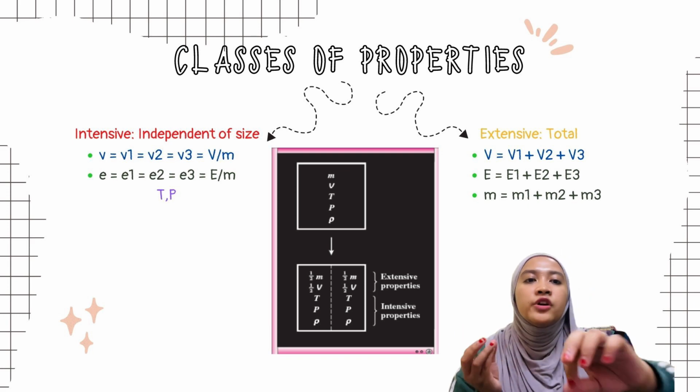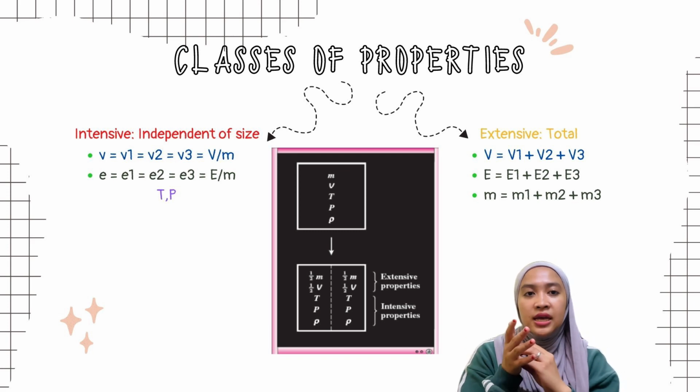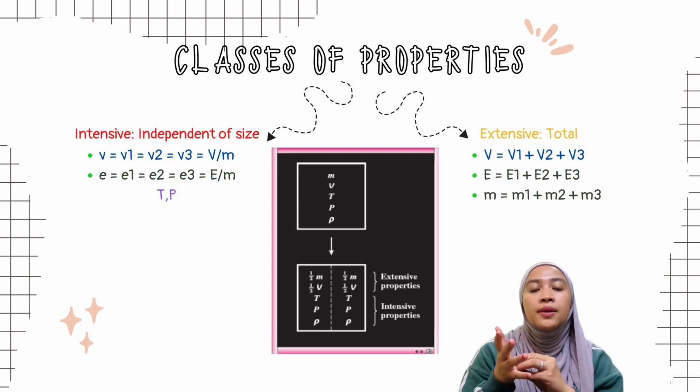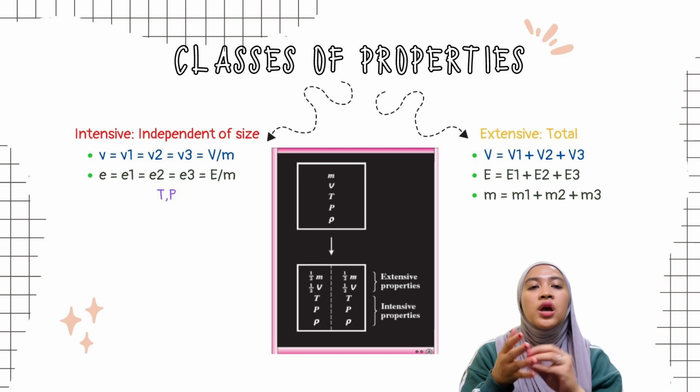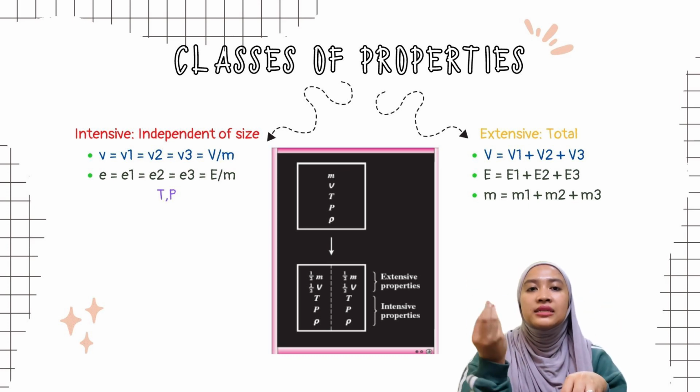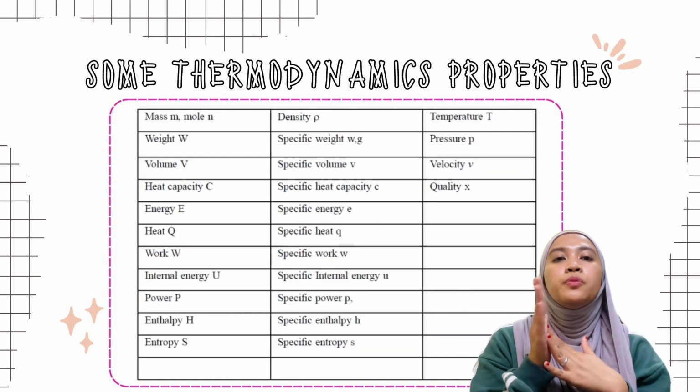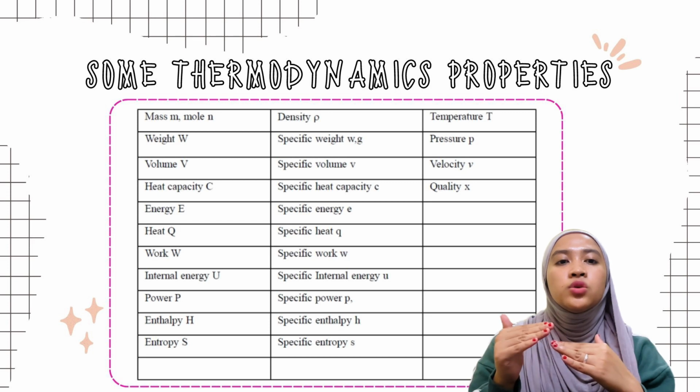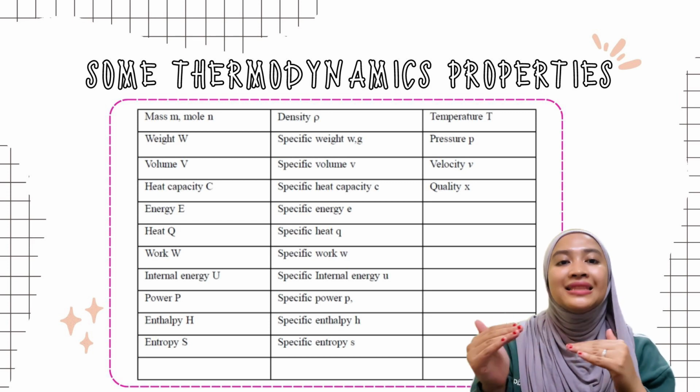Also for mass, total mass equals M1 plus M2 plus M3. So extensive is total, and intensive is independent of size. In the box we also present the difference between extensive properties and intensive properties.